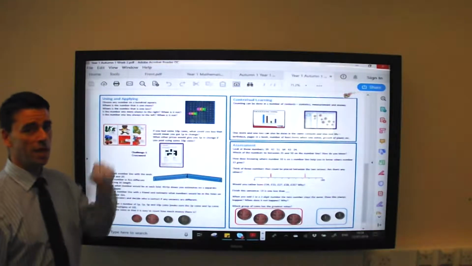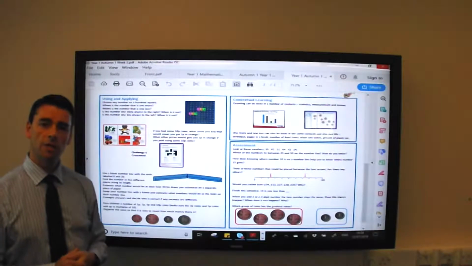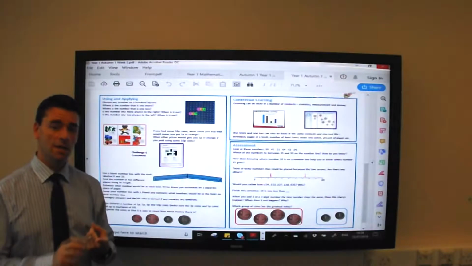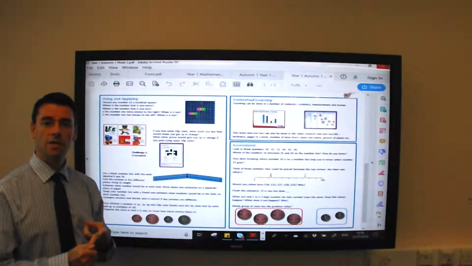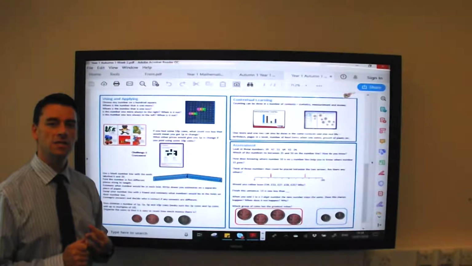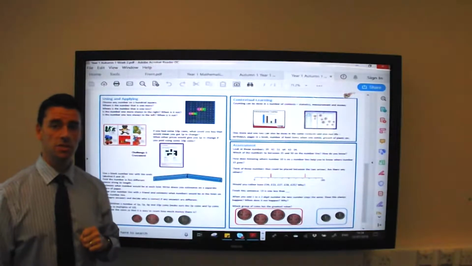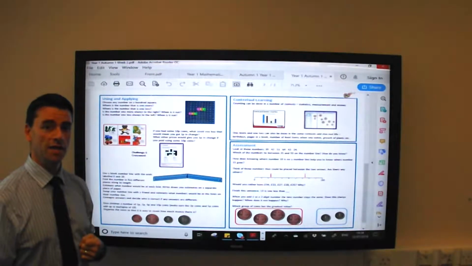We've got using and applying, which is a huge part of the curriculum. The national curriculum in England now has 3 main aims, those aims being that children develop conceptual understanding and fluency, that they develop the ability to reason mathematically and the ability to solve a variety of problems. And it's here, in the using and applying section, that the reasoning and the problem solving are exemplified.